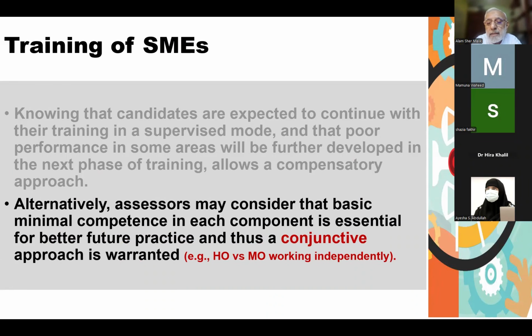So they must have the required competence before they join as a medical officer. I think this explanation would clarify the concept of what is the compensatory approach and what is the conjunctive approach.